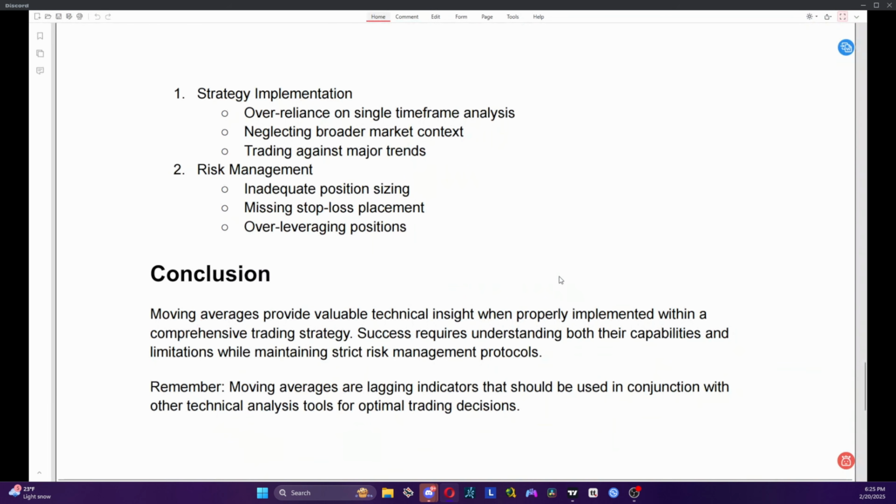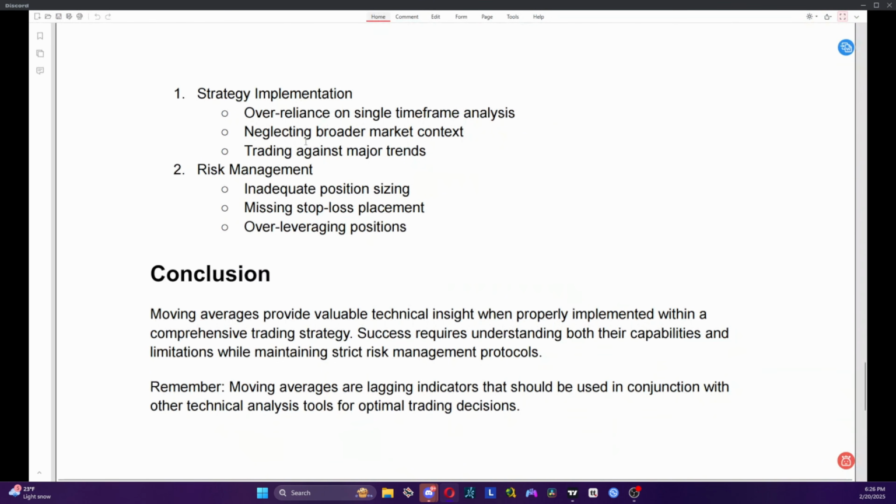Because the only real time data that you're ever going to get is what? Price action. Price will tell you what's going on. There's buyers and there's sellers. End of story. EMAs will give you historical data, even on the smaller time frame. They're lagging. So keep that in mind.